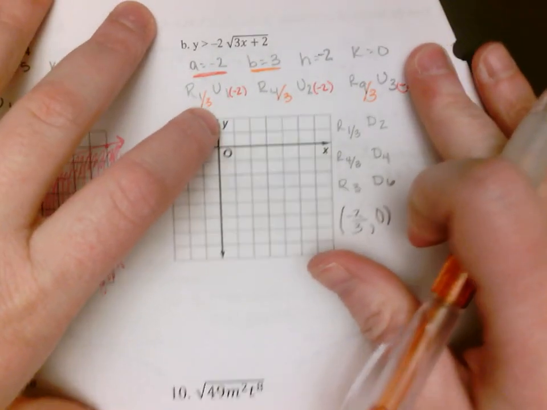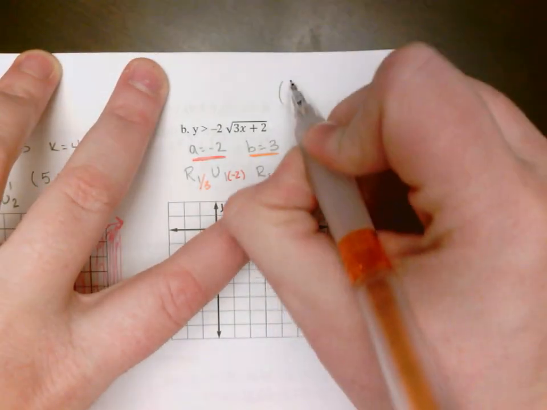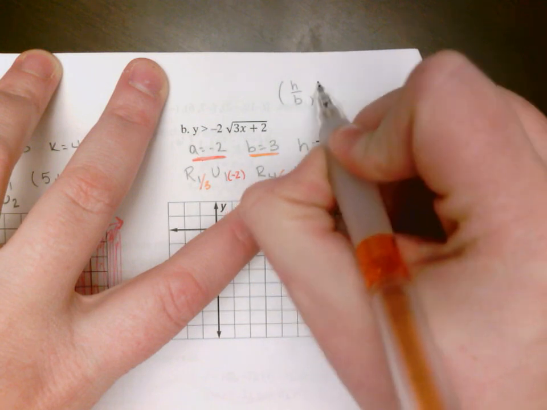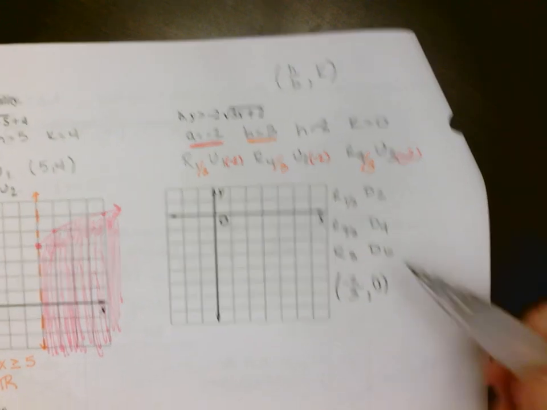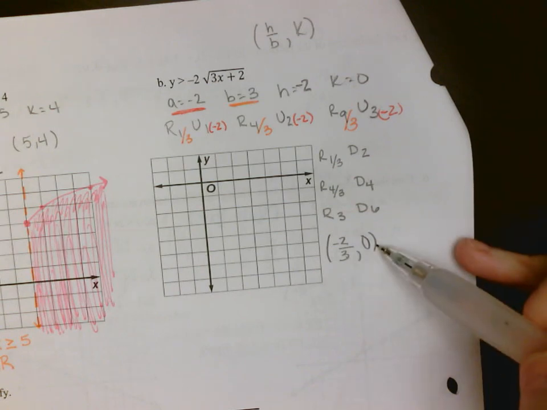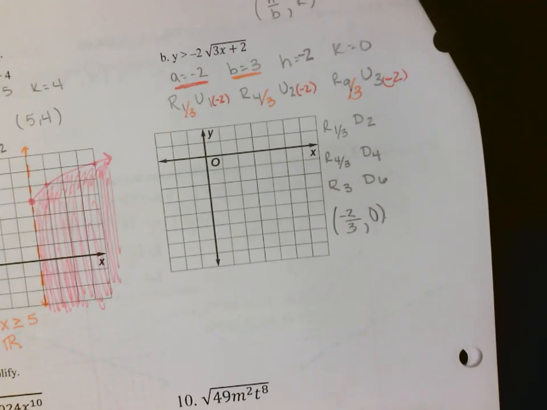So here, you gotta remember on your start point, it's H divided by B, comma K. I apologize once again. In my head, I just knew it was at 0, 0 because I ran it on my calculator, but I apologize for that. So -2 divided by 3, 0. So -2/3.